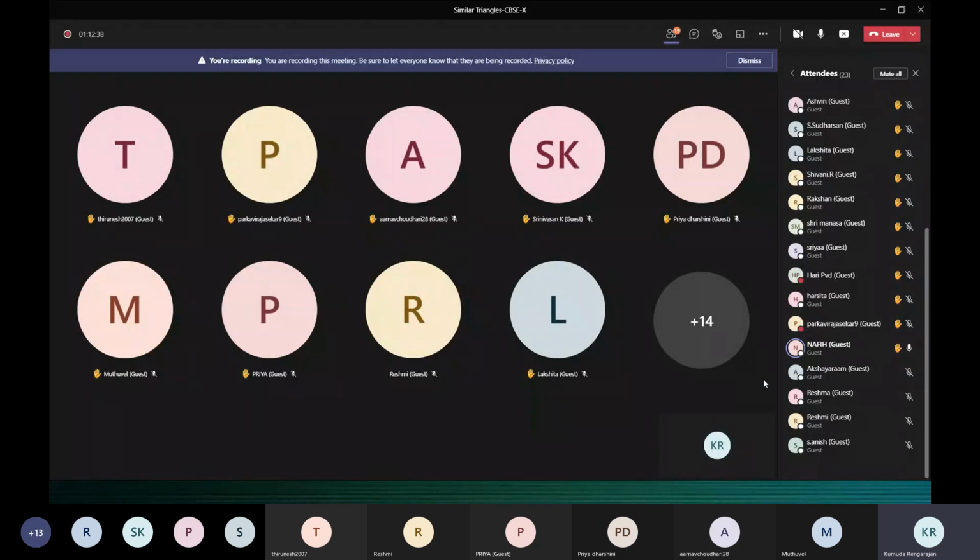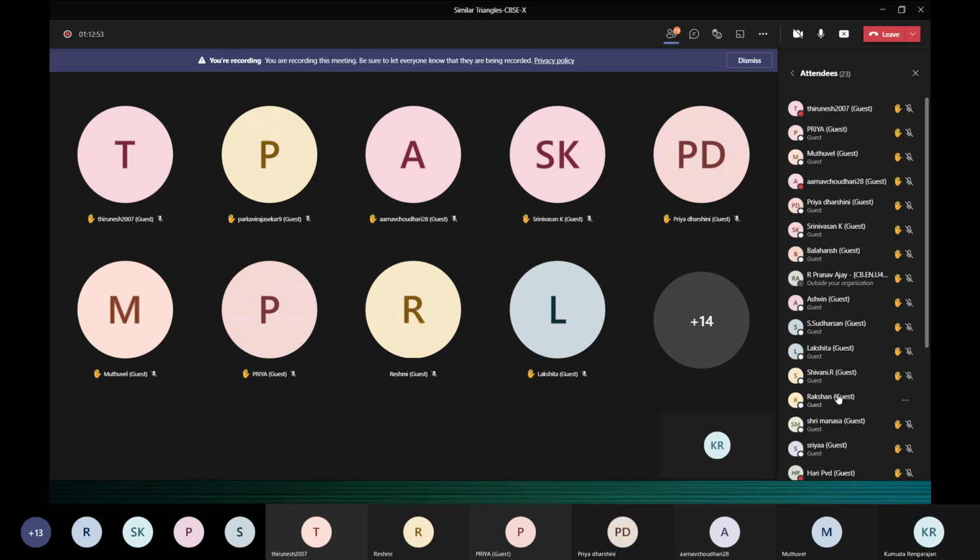Okay, Nafi, fine. Bhargavi is there, Harshita, Hariharan, Shriya, Srimanasa, Lakshan, Shivani, Lakshita, Sudarshan, Ashwin, Shruti, Balaharish, Srinivasan, Priyadarshini, Arnav, Muttuvel, Priya, Thirunesh.